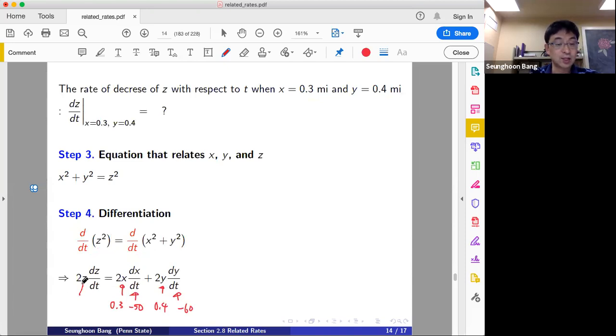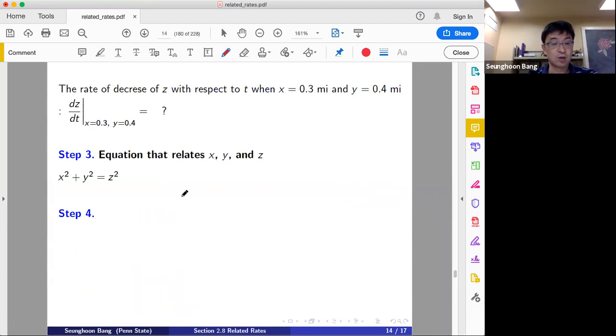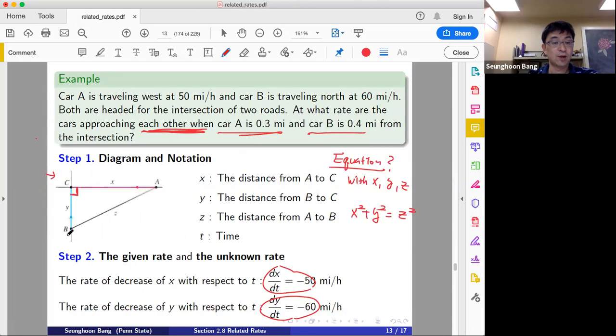So you need z. How can you find z? Do you have any idea for finding z? A 3, 4, 5 triangle is the fastest one. Yes, we can use the triangle. Going back to here, y is 0.4 and x is 0.3.